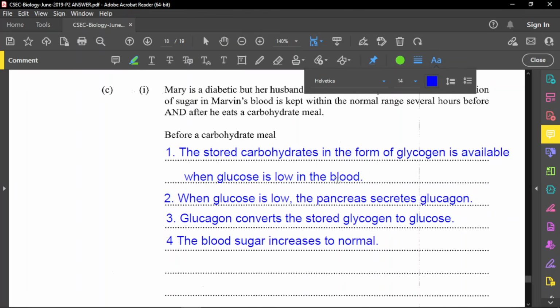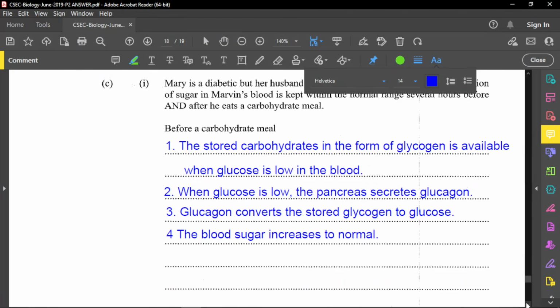So before you eat that meal, it may have low glucose in the blood. So what will happen here is that when glucose is low, the pancreas secretes glucagon. And glucagon converts the stored glycogen to glucose. And so the blood sugar will increase to normal. That's very important. So you have an increase in blood sugar, but it increased to the normal point.